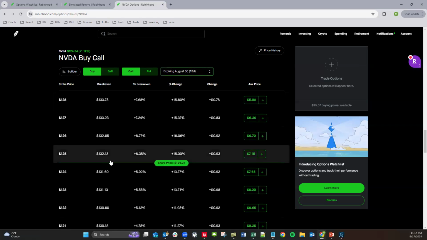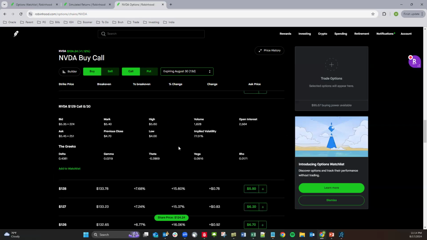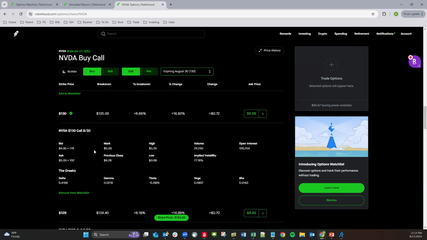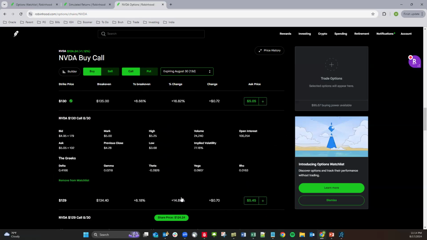So let's go back to the August 30 example with the 130. Okay, sorry, yeah, 130 call. So for 77% volatility, the Vega is 0.0907. And what Vega means is for every 1% increase in my IV, which means if it changes to 78.18, then the Vega 0.09 is going to get added to my overall premium, which is basically delta plus gamma minus theta, what we did.